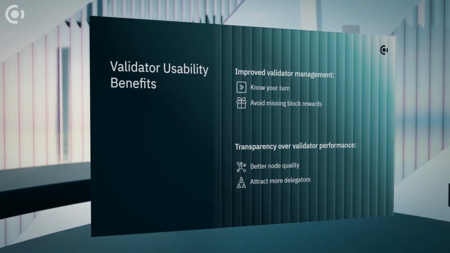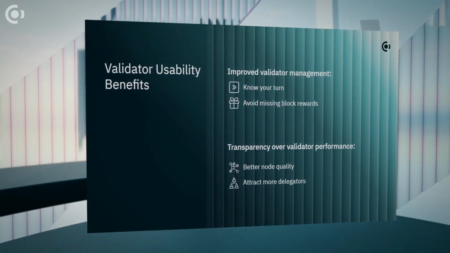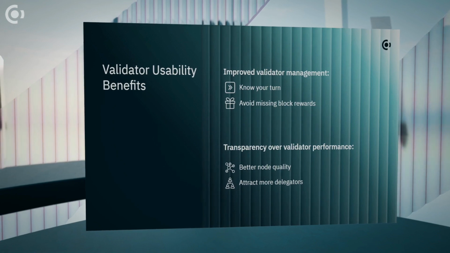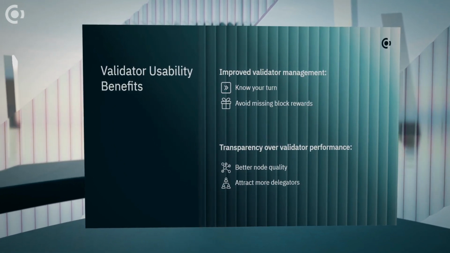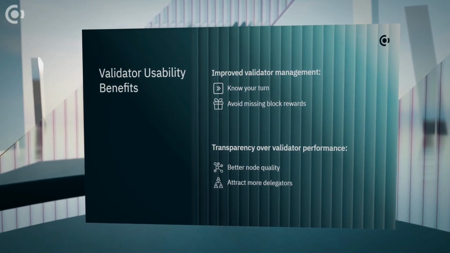And also for validators and for delegators, the nice thing is that the quality of the nodes on the network in general improves significantly because there is transparency over how validators are performing. CCD scan will have a display where you can see which nodes have been performing over the past certain time, and that enables delegators to choose which validators they want to delegate the stake to.